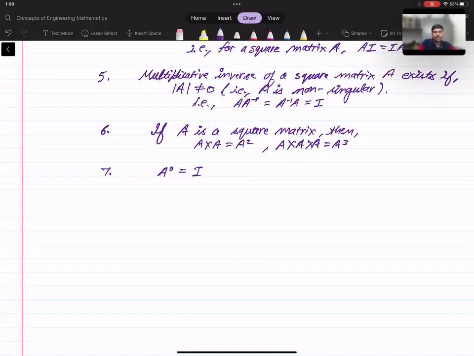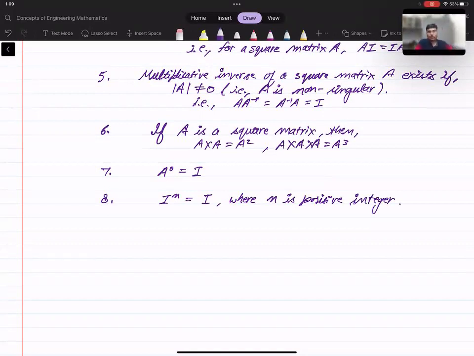And also a very interesting property is that if we raise the identity matrix to any power n, it will again become the identity matrix of the same order, where n is a positive integer.